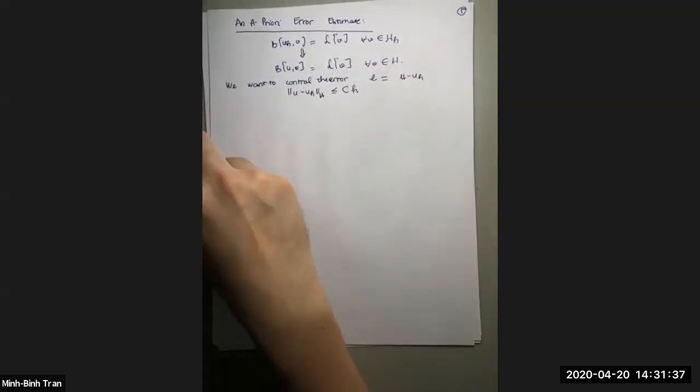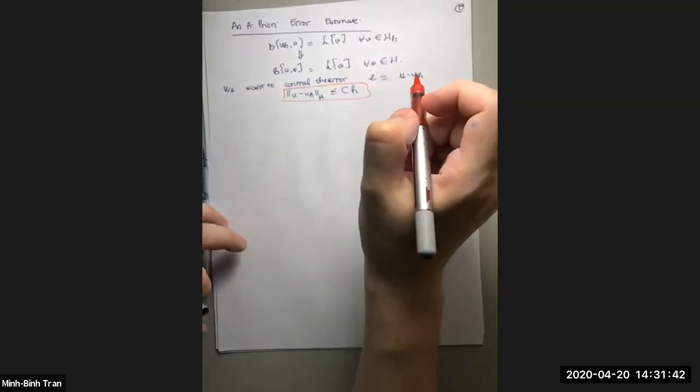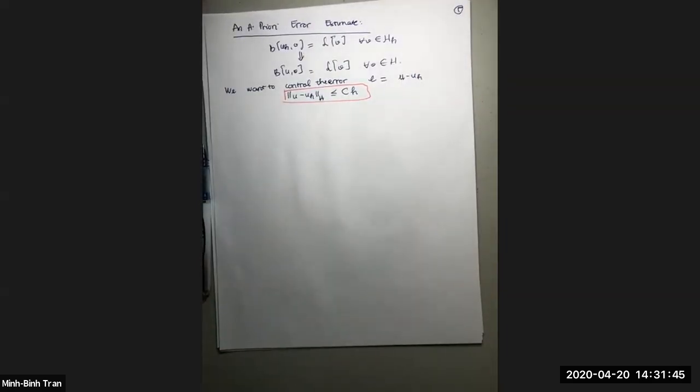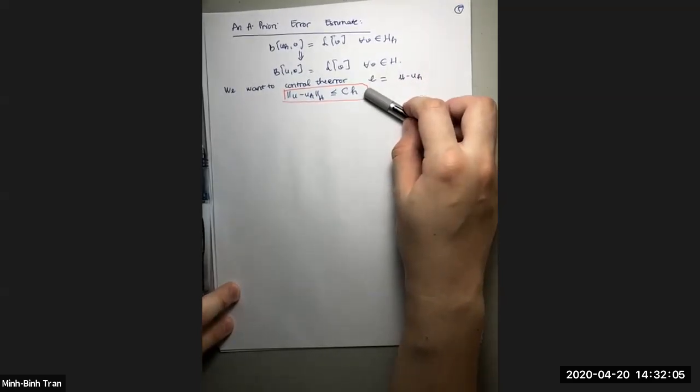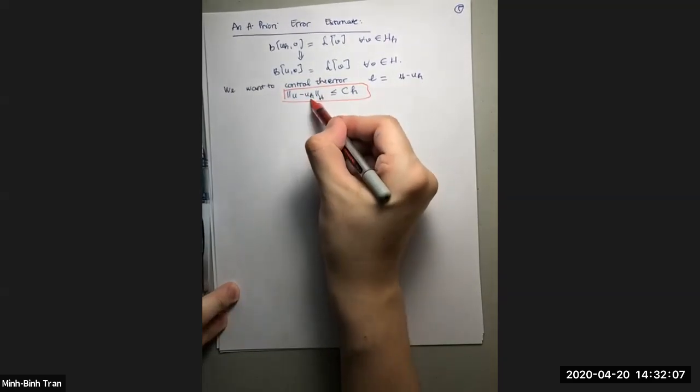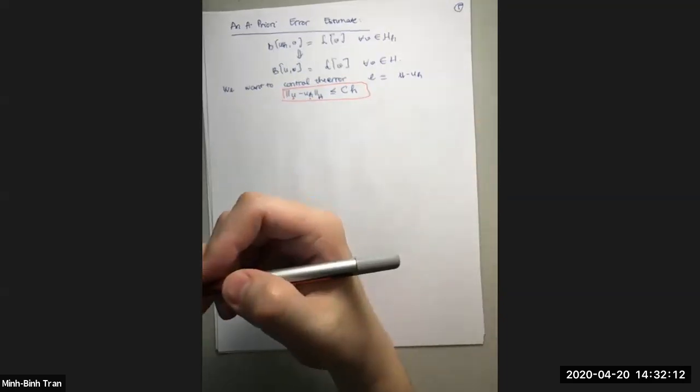This is our goal, right? Because this is an elliptic equation, we have a priori error estimate which says that the distance between the approximate solution, which is the piecewise linear solution, and the full solution, this distance is of order h, which means that if you let this h go to 0, the approximate solution will go to the original solution, right? Any questions?